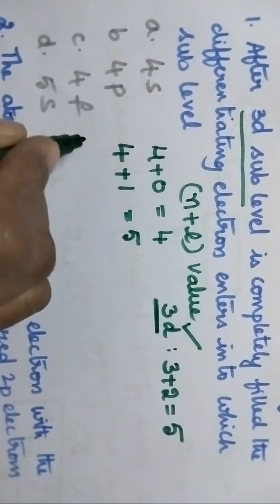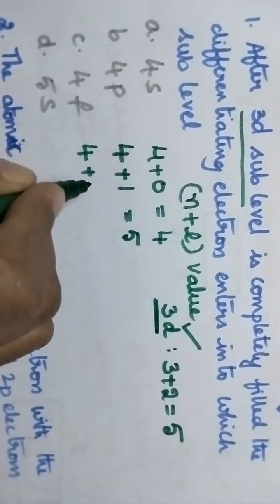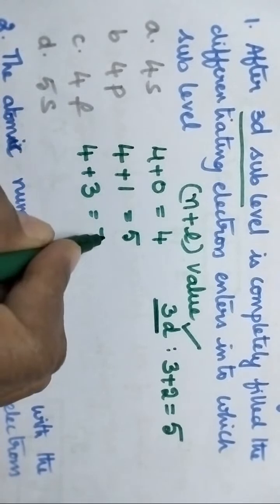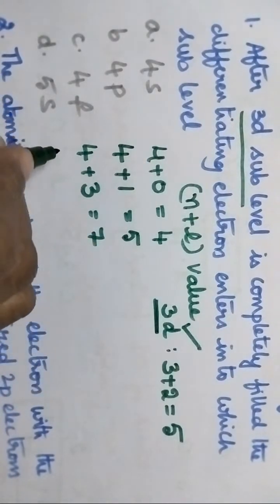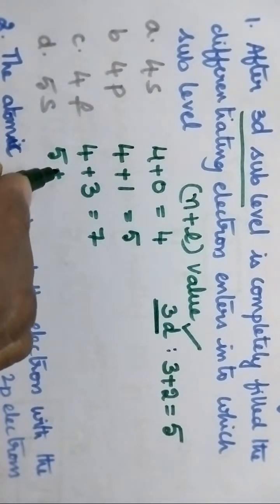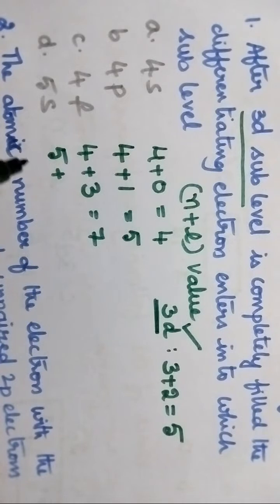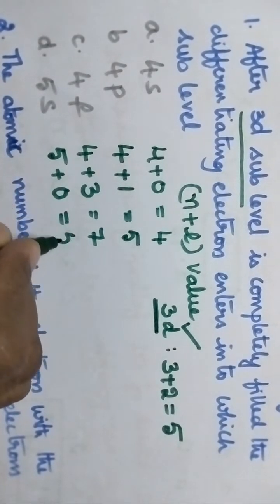Coming to the 4f orbital, its n value is 4 and the L value for the f orbital is 3, and the sum is equal to 7. For 5s orbital, the n value is 5 and the L value for the s orbital is 0, and that is equal to 5.